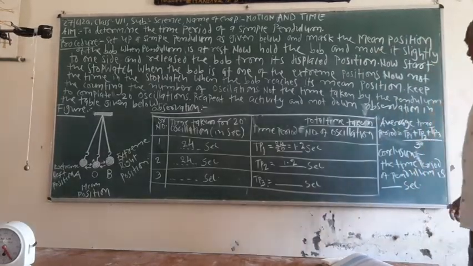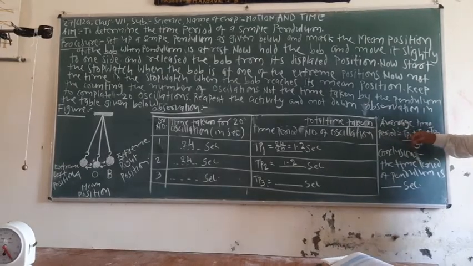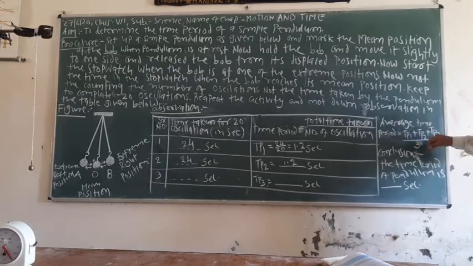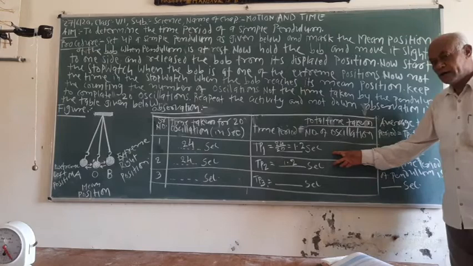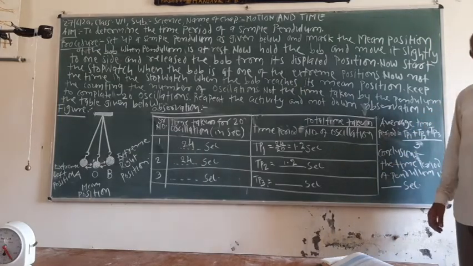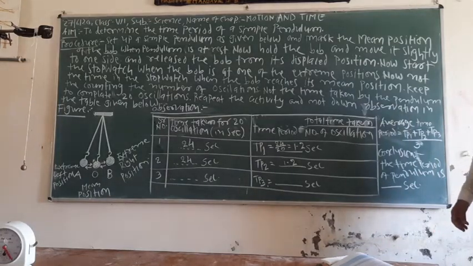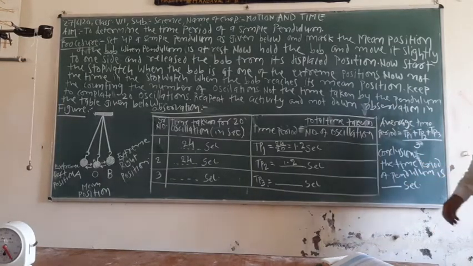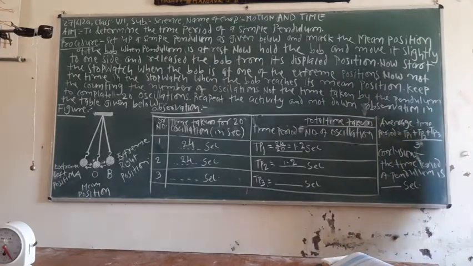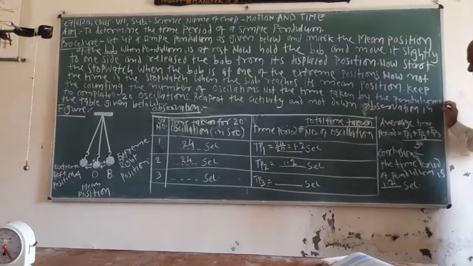Now, what is the average time period? Time period 1 plus time period 2 divided by total readings. We take 2 readings. Therefore, 1.2 plus 1.2 seconds upon 2. Therefore, 2.4 seconds divided by 2, again the answer is 1.2 seconds.